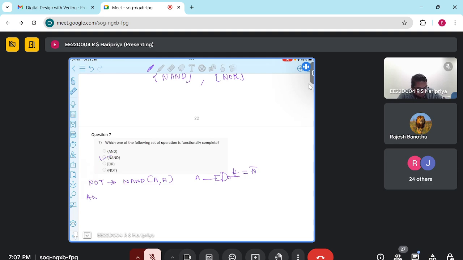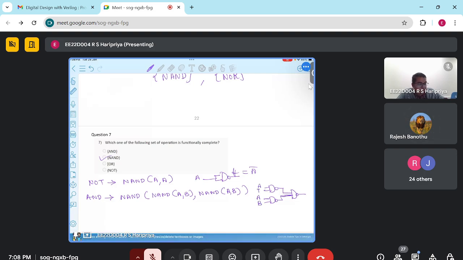And now if you want to implement an AND gate using the NAND gate, it is NAND of A comma B, and then NAND of that output with itself.